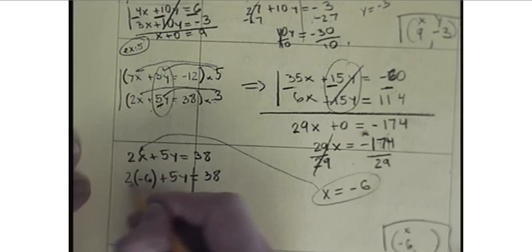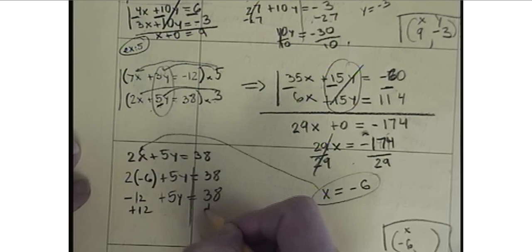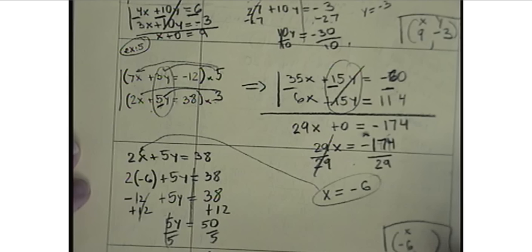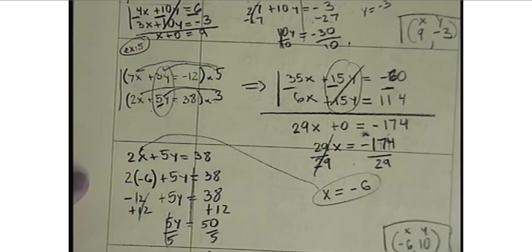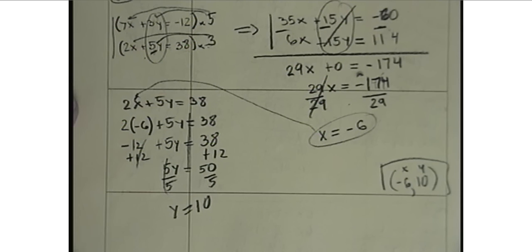Solving the equation, 2 times negative 6 is negative 12 plus 5y equals 38. Plus 12 on each side, so 5y is equal to 50. Divide by 5, so y equals 10. 10 for y will complete my final answer. And this is the whole problem.